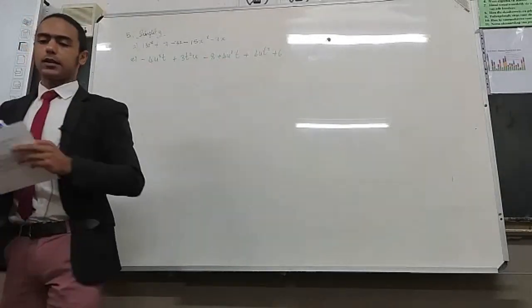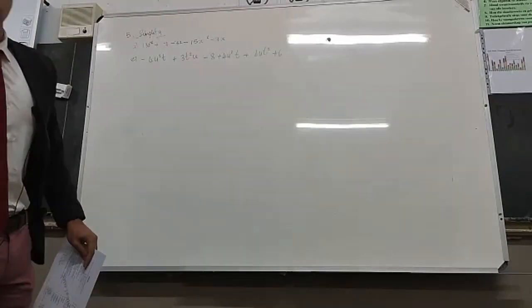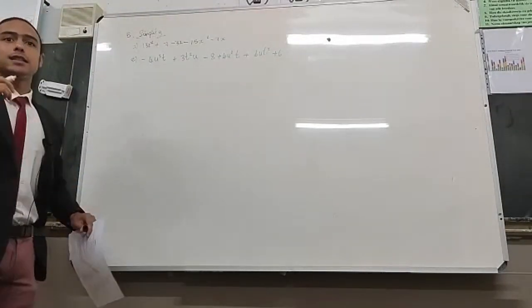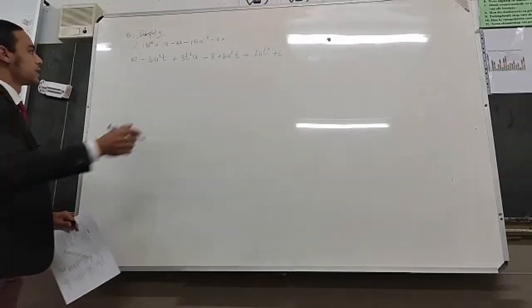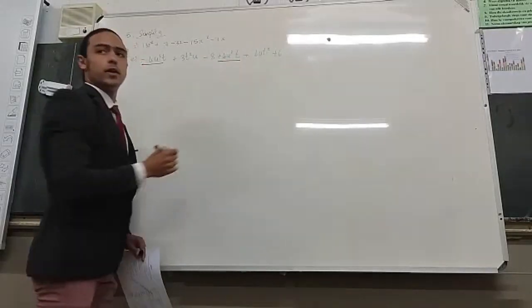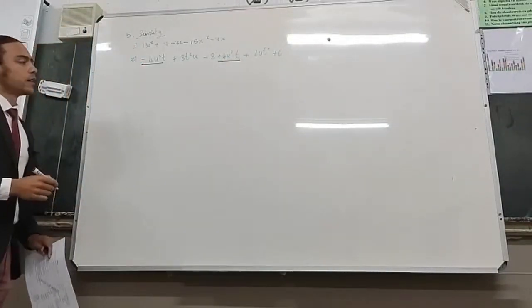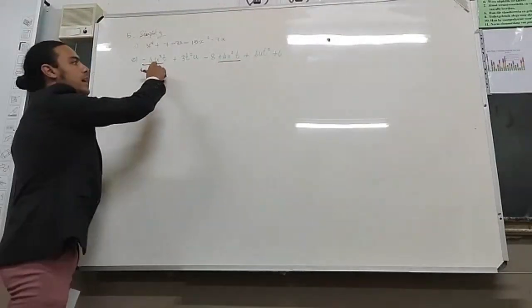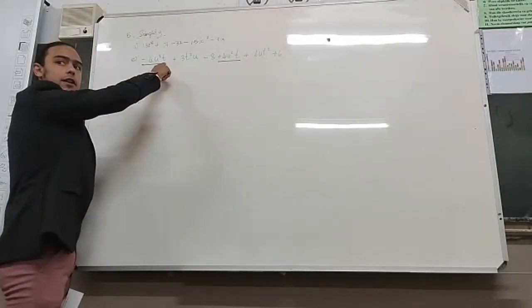What I would suggest you do now is look for like terms. So we can see this one goes with that one, no? Because they both have u squared and t as variables.